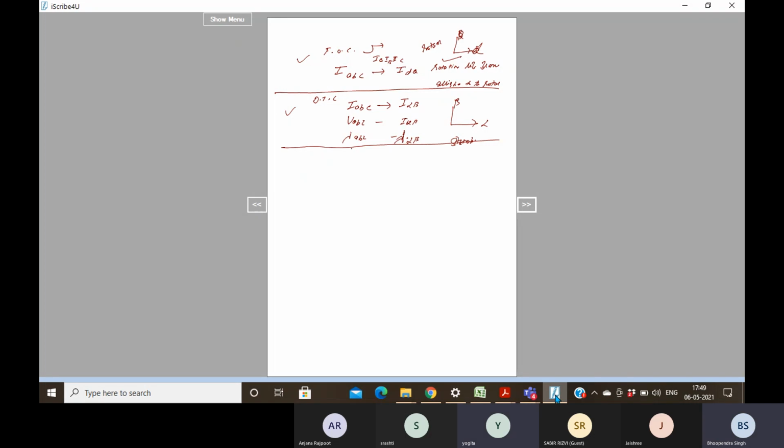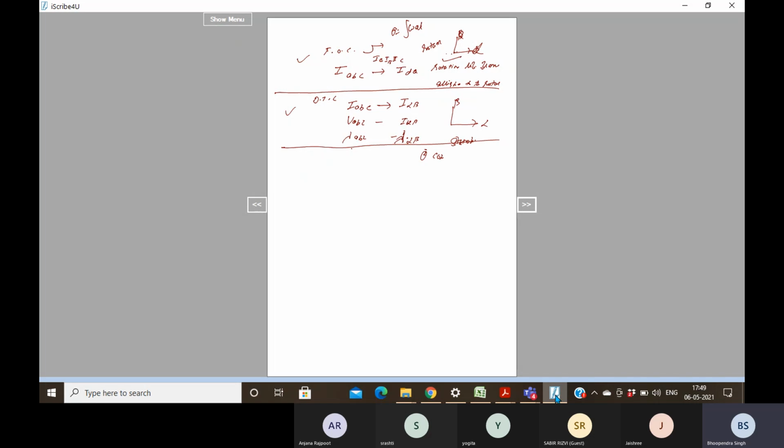Because a transformation from ABC to alpha beta will only involve some angle theta which is constant. But here a transformation requires an angle theta which is a function of your speed, integral of omega dt. है ना? You have to sense the rotor position every time. कोई घूमती हुई एक्सिस के अक्रॉस अगर कंपोनेंट्स निकालना हो, so you have to continuously know the position of that reference frame.